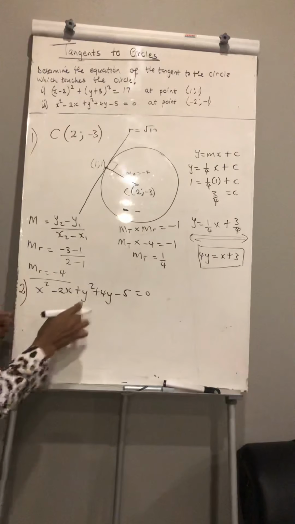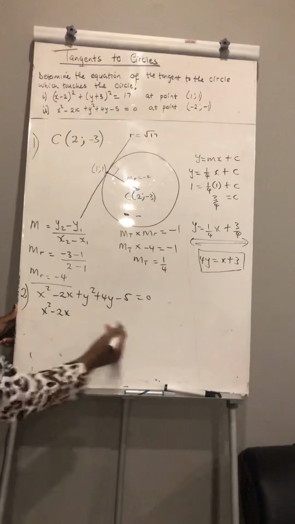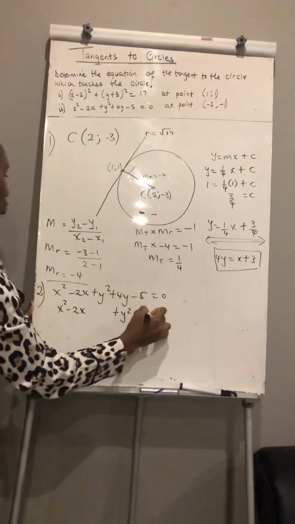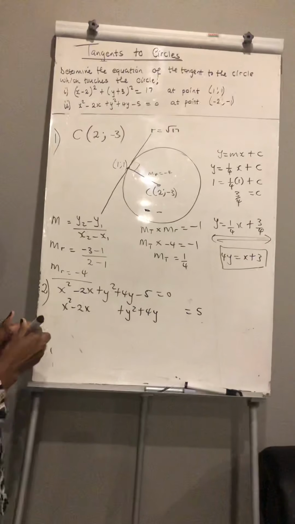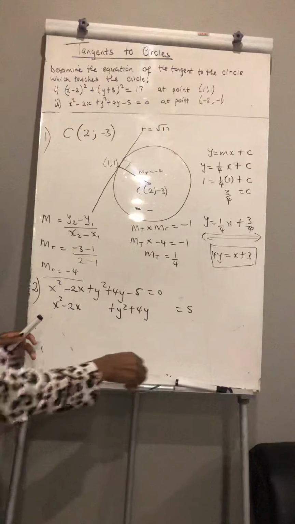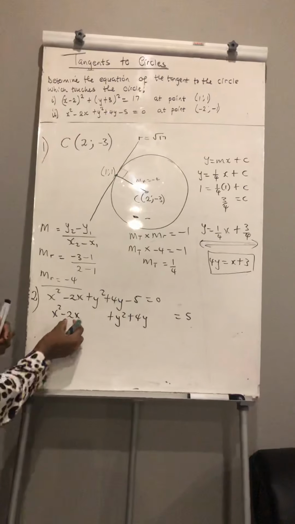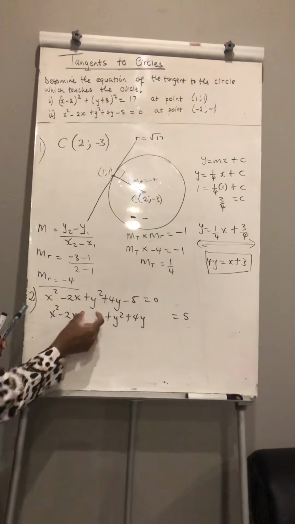So we already know how to do it, so I'm going to just remind you. Remember, we separate them, the terms with x and then the terms with y. Then you put numbers to the other side as well. What we said yesterday, or was it actually a few lessons ago, we said that b over 2 squared is how we get the third term.